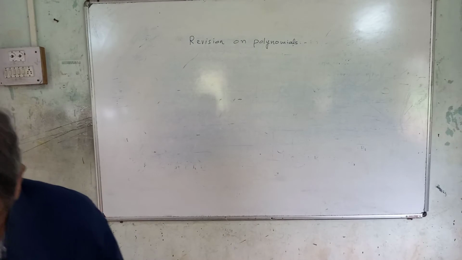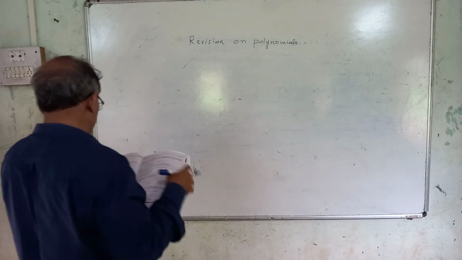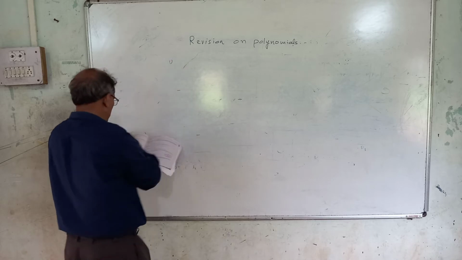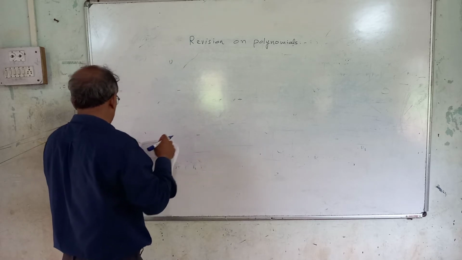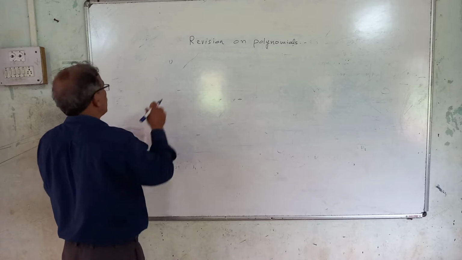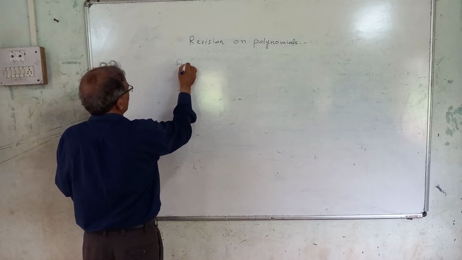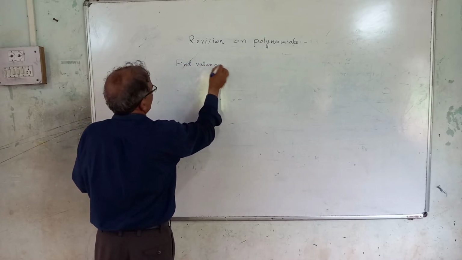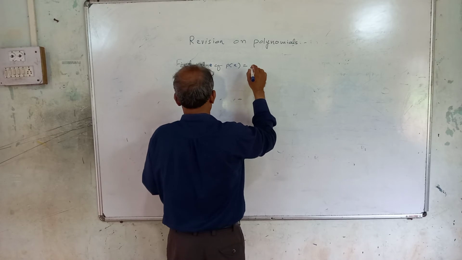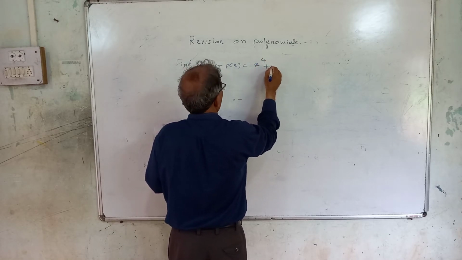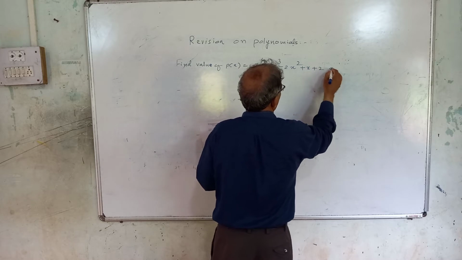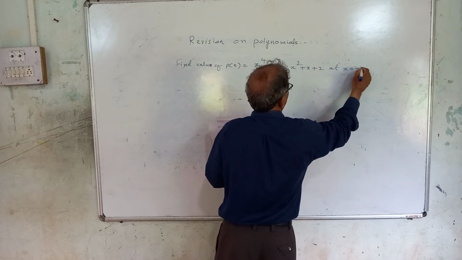Then second now. Using factor theorem, or find the value of p(x), means polynomial in x, is equal to x raised to 4 plus x cube minus 2x square plus x plus 2 at x is equal to minus 2.